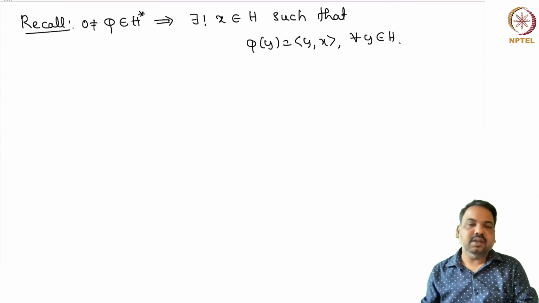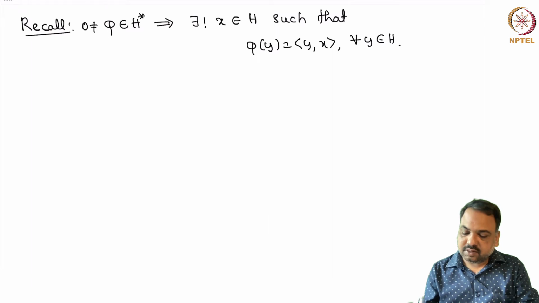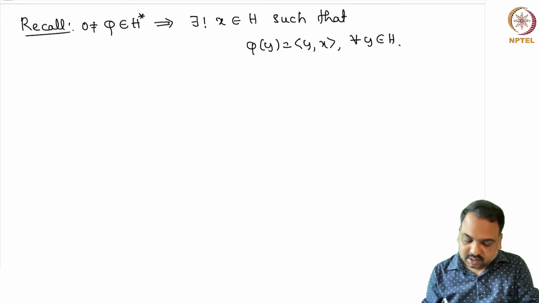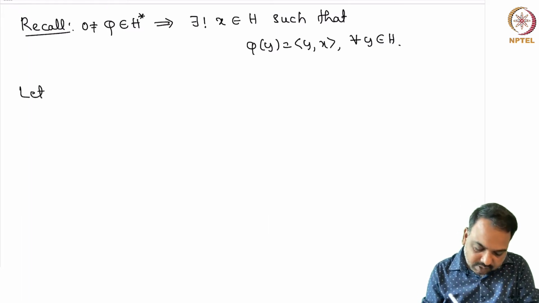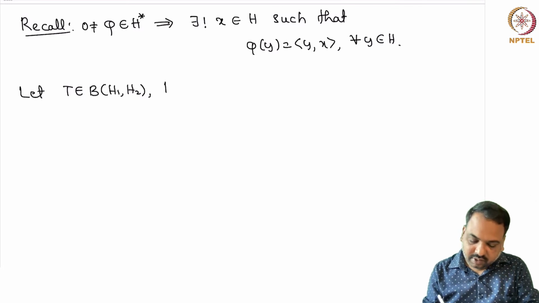Now using this result, we can associate a new operator in a unique way with the given bounded operator. So let us look at that part. Let us start with a bounded operator T defined between two different Hilbert spaces H1 and H2, and fix one vector y in H2.